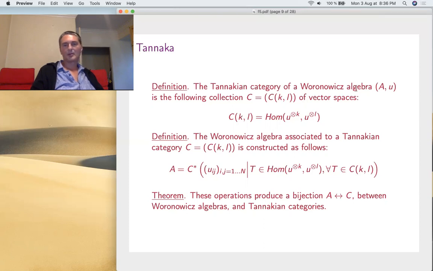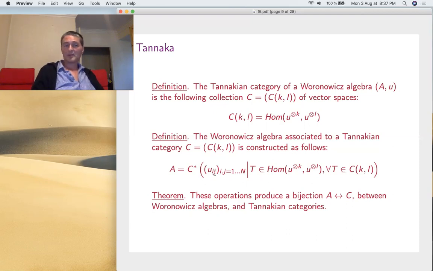So the Tannakian category of a Woronowicz algebra is this thing here, the one that we're interested in for very concrete reasons, I remind you, for computing the higher integral, not to compute these things. On the other hand, given such an abstract thing, satisfying the axioms, a so-called Tannakian category, we can define a Woronowicz algebra, just take the universal one.